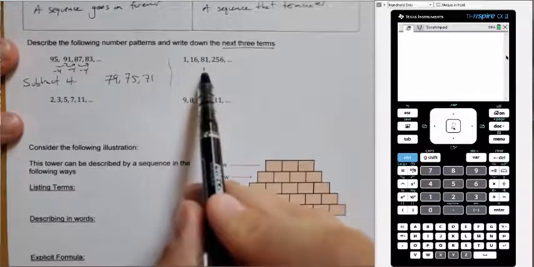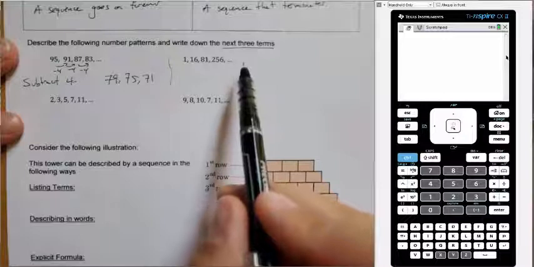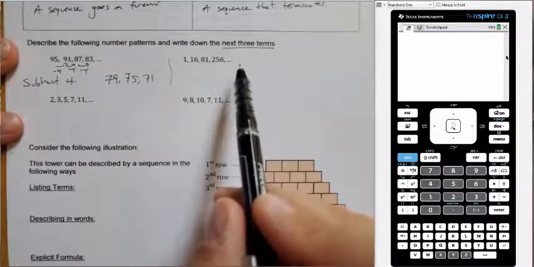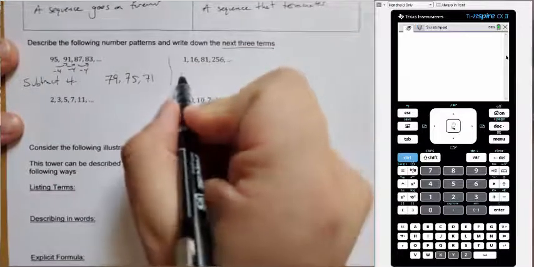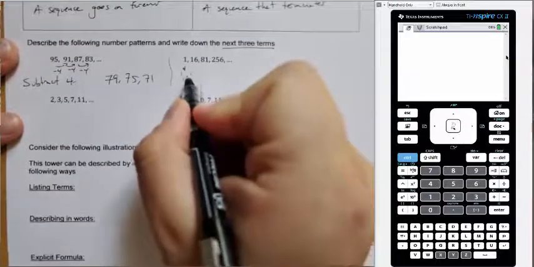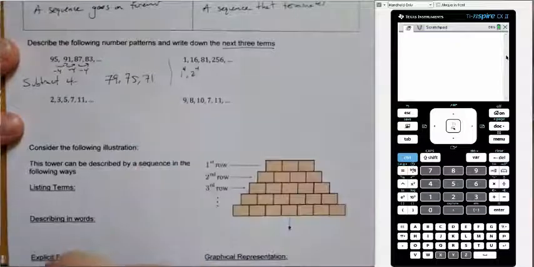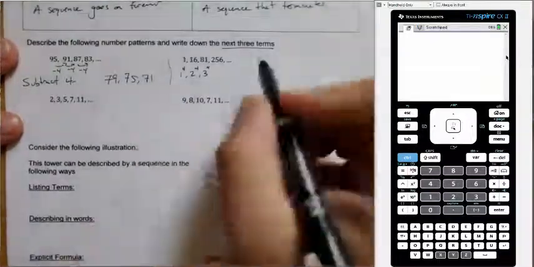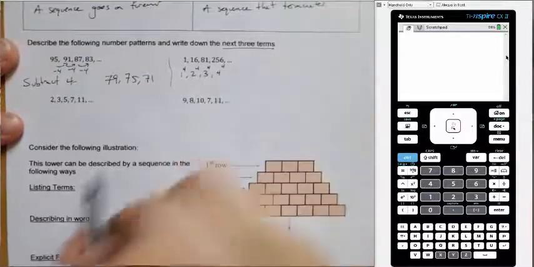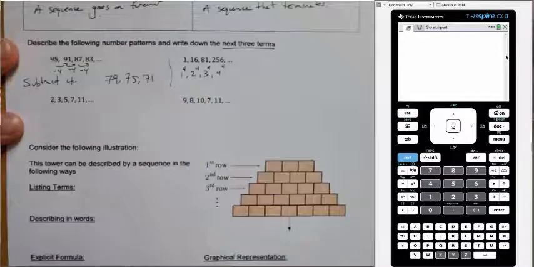Well, the square of perfect squares. But maybe that's a little more explicit. To square a square is to raise to the fourth power. So I think 1 to the fourth power is 1, 2 to the fourth power is 16, 3 to the fourth power is 81, 4 to the fourth power is 256.